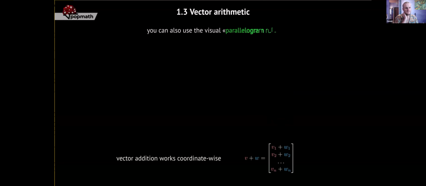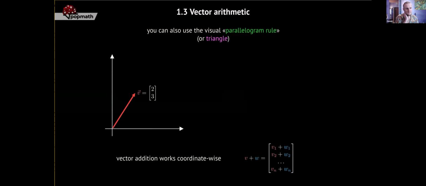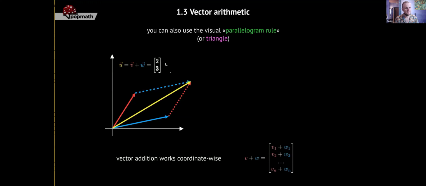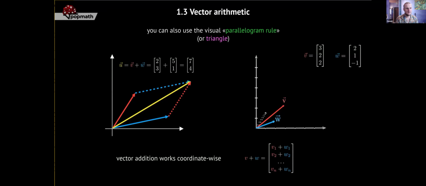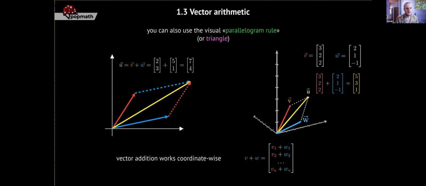To make it a bit more dynamic, everything works coordinate-wise or entry-wise, right? We can visualize it by just moving one vector to another place. This is the so-called parallelogram rule or triangle rule, depending on how you like to call that, and which shape you'd like to imagine. It works the same in any dimension, on the plane, in the space R3, or any other Rn space you may imagine, right?